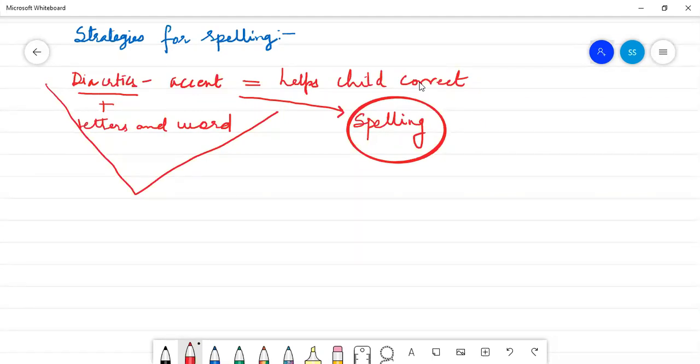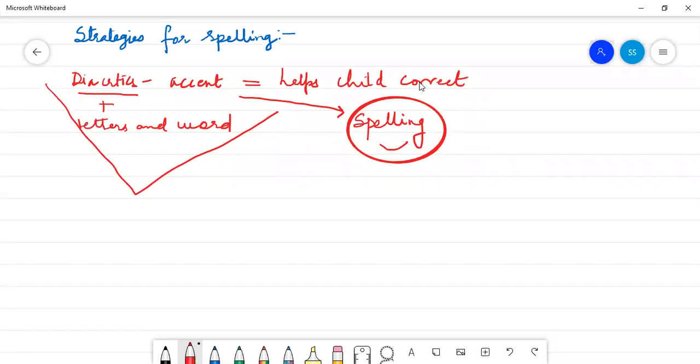So you need to involve all these elements to make the child a better learner. That's why it is very important to understand the strategies of spelling. We will first understand the general strategies, then we can see some other strategies which can also be helpful in developing the spelling skills.